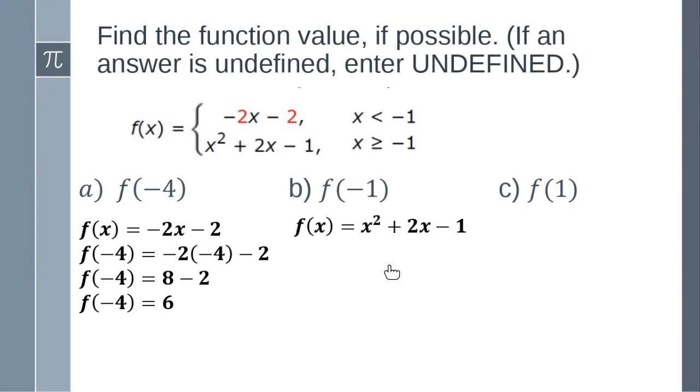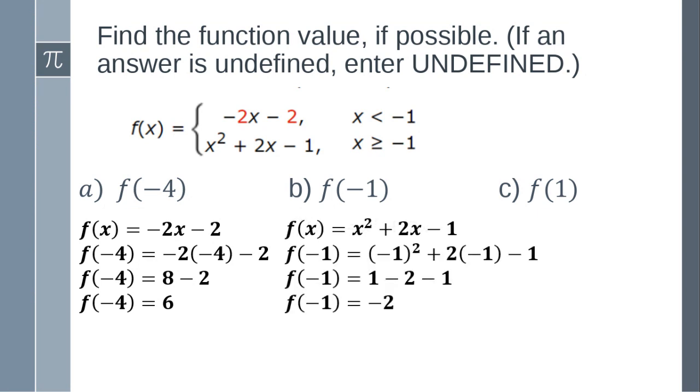So let's go ahead and apply it. Our function is x squared plus 2x minus 1. I'm going to evaluate it at my input -1. Everywhere I see x, I'm going to plug in a -1. On this one, I have two instances of x. So we have (-1) squared plus 2 times -1 minus 1. (-1) squared gives me +1. 2 times -1 gives me -2, minus 1.